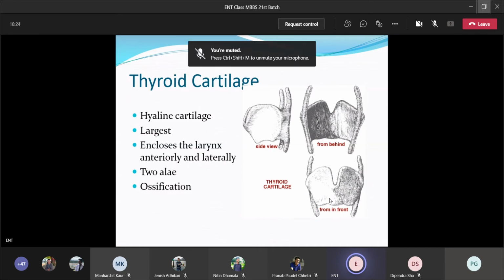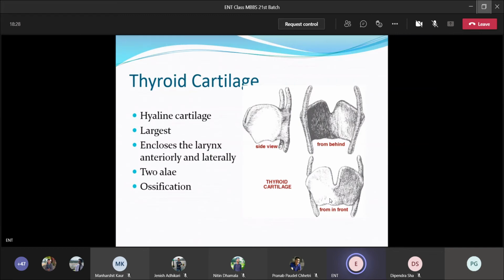It is a hyaline type of cartilage. It is the largest, and it encloses the larynx anteriorly and laterally. And there are two horns, and there is ossification. Now this is the thyroid cartilage.